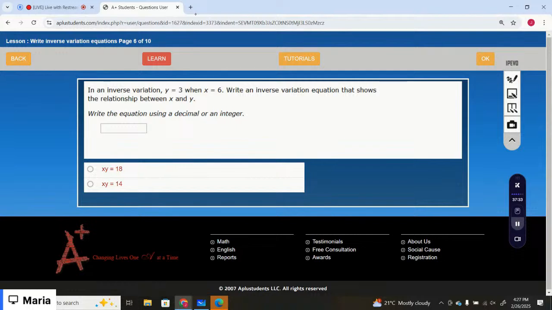In an inverse variation, y equals 3 when x equals 6. Find and write an inverse variation equation that shows the relationship between x and y. So, which is the correct option?